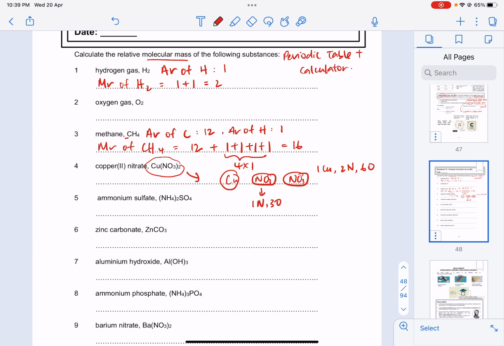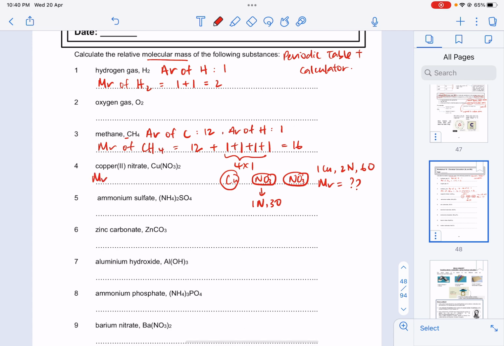So can you calculate what is the MR? Okay, so let me break it down for you. If you would like to do it on your own, you can pause the video. Okay, you need your periodic table to do this, yeah?